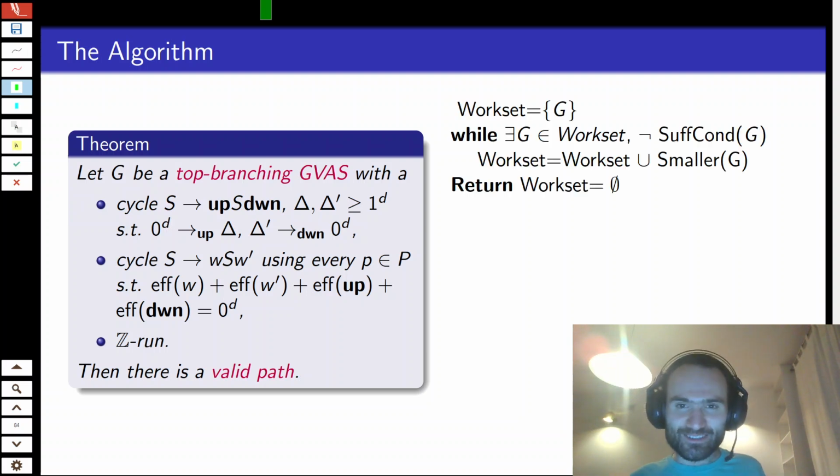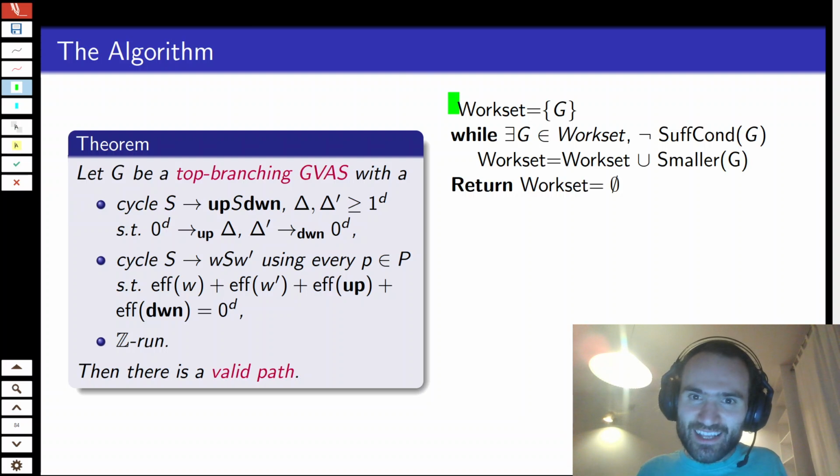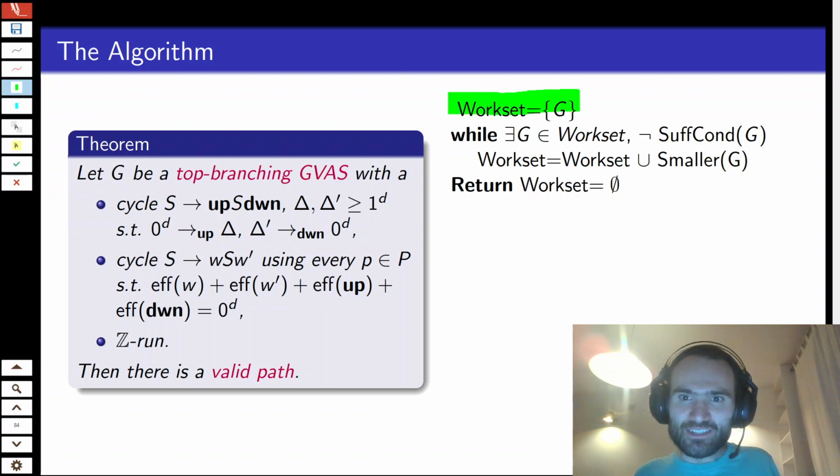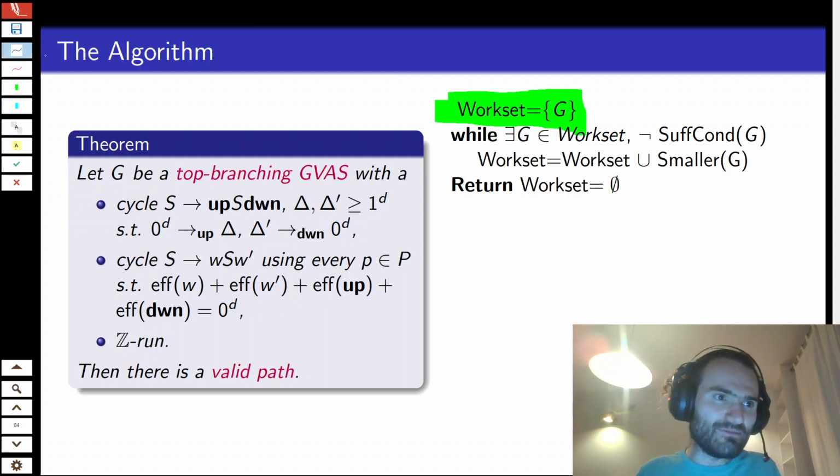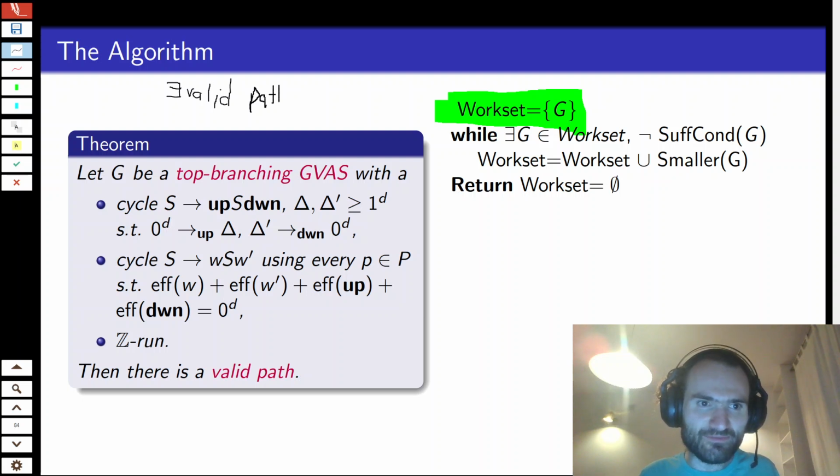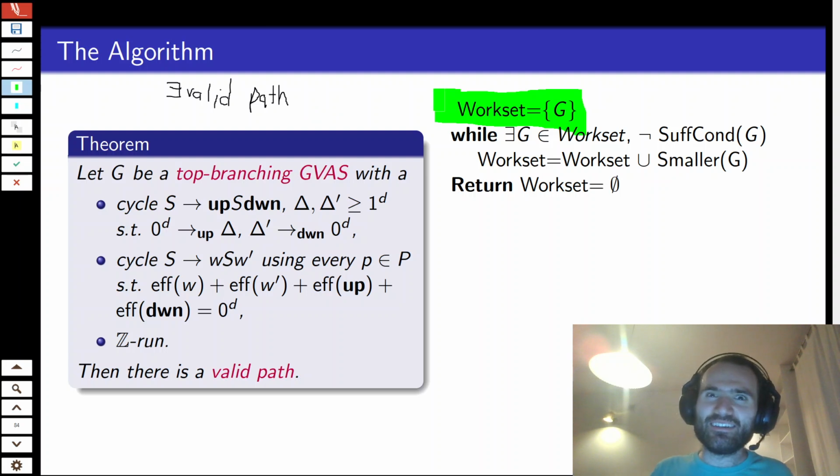Okay, so what's the algorithm? The algorithm to decide GVAS reachability. Remember, reachability means the question whether there exists a valid path. You're given a GVAS and the question is, does there exist a valid path? How do we decide this? Well, we start with our input GVAS, we put it into the work set.